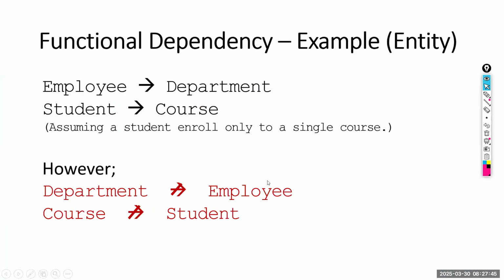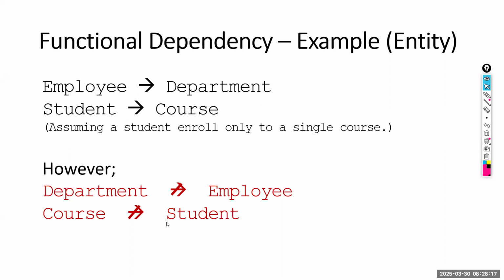Okay. So that means we can extend this concept into entity levels as well, not only for attribute levels. So basically, if it is a one-to-one relationship or many-to-one, a functional dependency exists, but not for one-to-many.